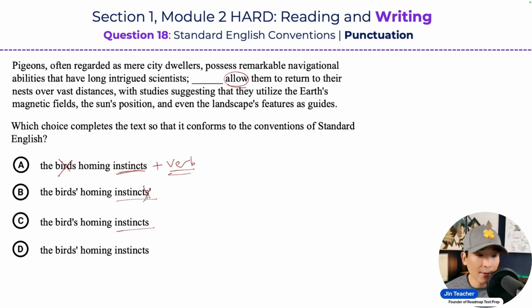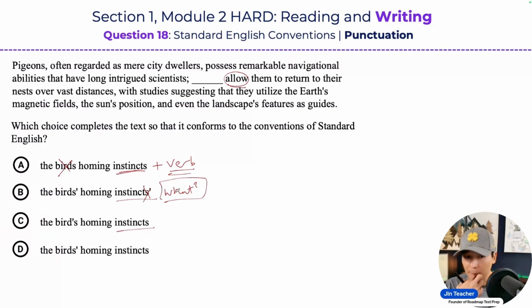Now, why? Because logically, an apostrophe shows possession. These instincts have to possess something else. But what do the instincts possess? It's not clear. It's not written in the sentence. So the instincts what? The instincts what is what you can ask. There is no noun that comes after instincts with the apostrophe.